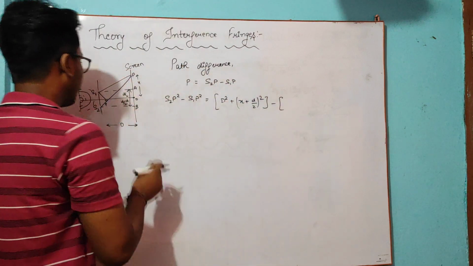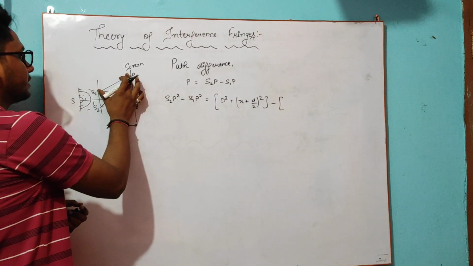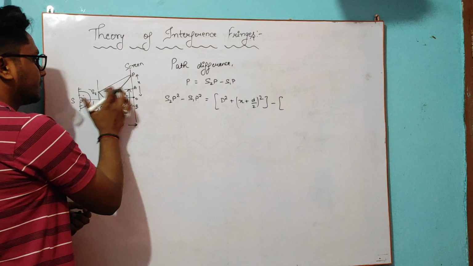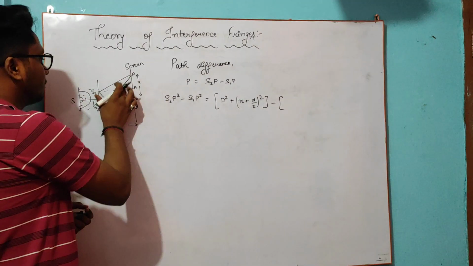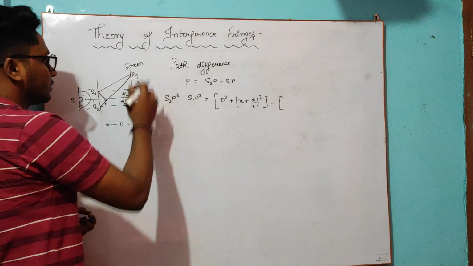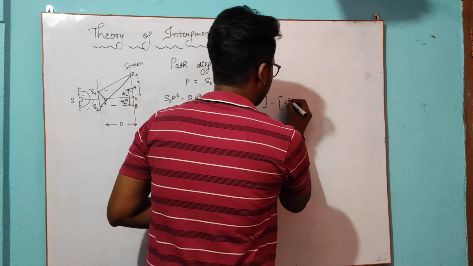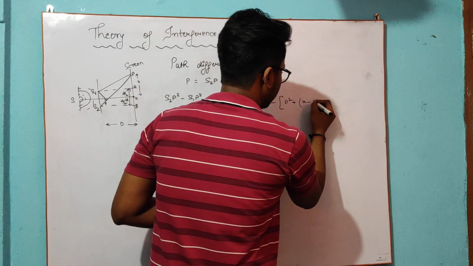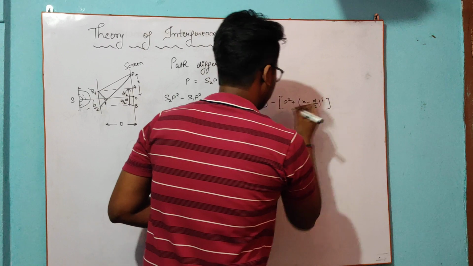Minus, for S1P square, this is the hypotenuse of triangle P, S1 and A, so S1P square is equal to D square plus (x minus d by 2) square.